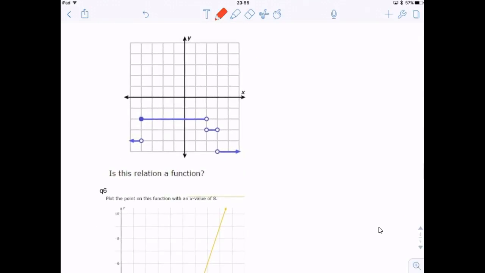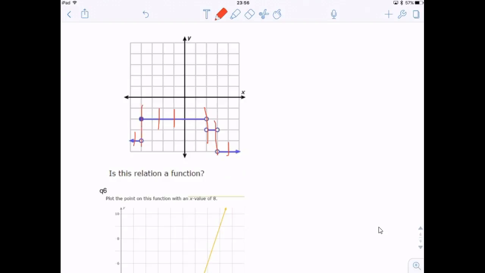What about this one? This one has a lot of open dots and closed dots. Is there any place that we can do a vertical line test here and cross the function in two different places? If we cross here, we're actually going through two empty dots, open dots, so we're not crossing the function at all. Here too, okay? What about here?